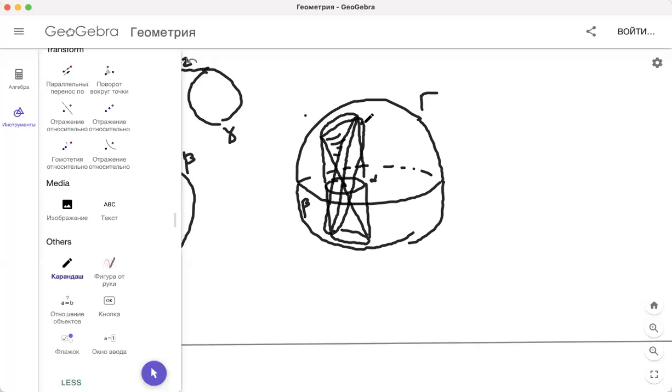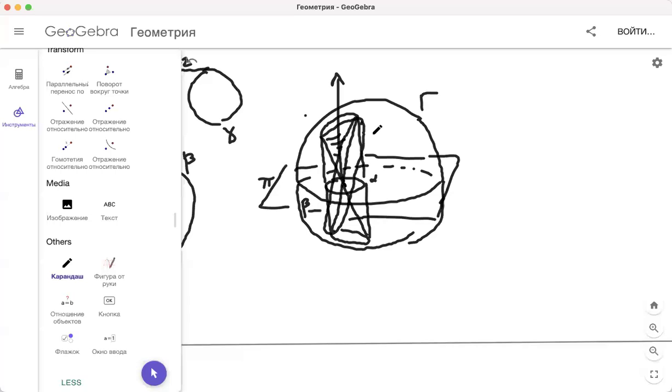And since this cone is a cone of rotation and its axis is perpendicular to the plane of the initial circles, then the angle between the plane of the circle in this tangent plane and the plane, let me denote it by pi, the plane of the initial circles, is constant.